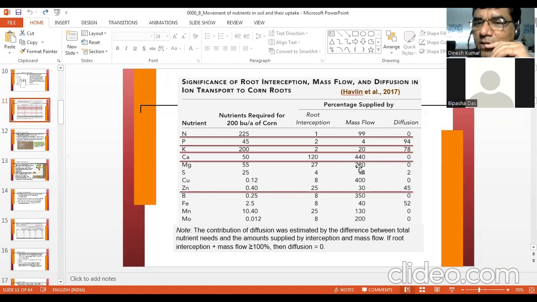Here it is 280, means you can see just the ratio of mass flow and root interception. See these two ratios and then convert to percentage. So here also you can conclude that most of the calcium and magnesium also move through mass flow. Similarly, copper also moves through mass flow and boron also moves through mass flow. So kindly study this table and try to understand how these nutrients are transported to the roots or how they come in contact with the roots.